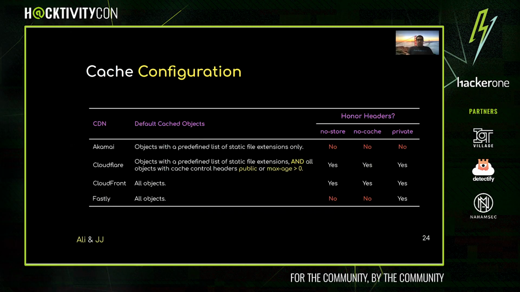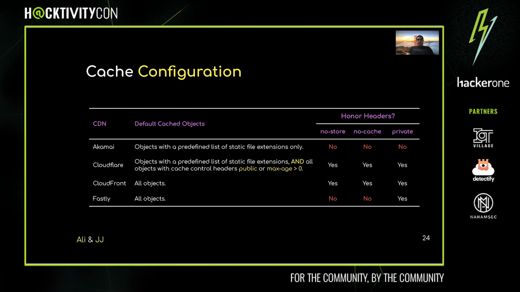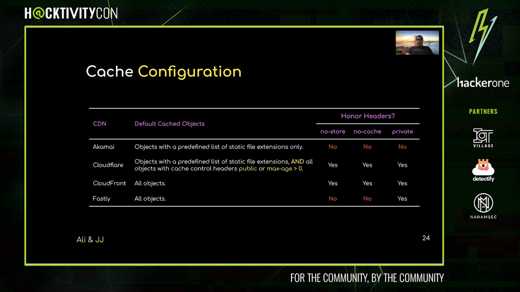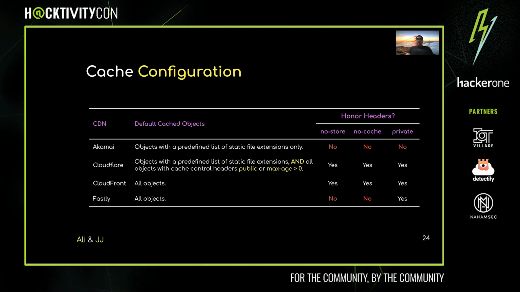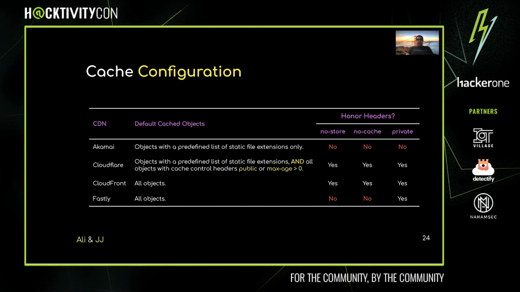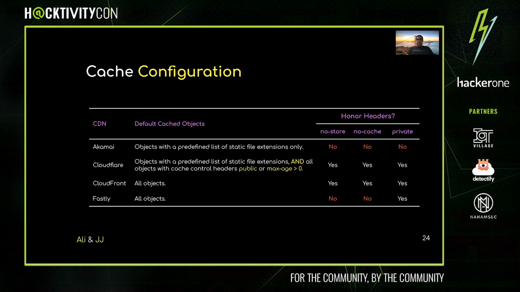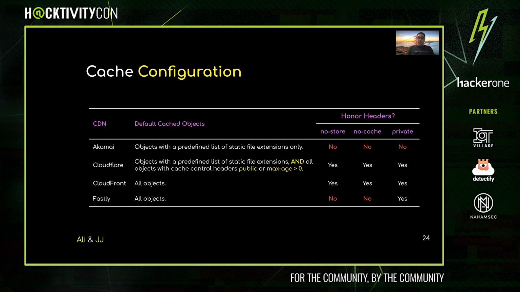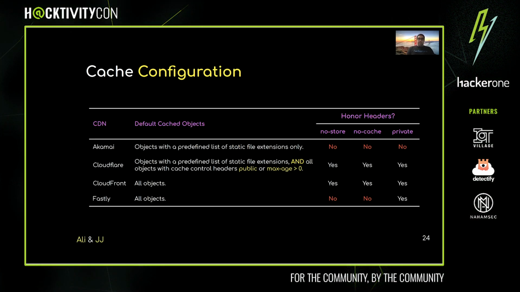We also tested top vendors that provide CDNs and wanted to see what their default configuration is like. We've seen that by default, some major CDN vendors do not make RFC compliant caching decisions.